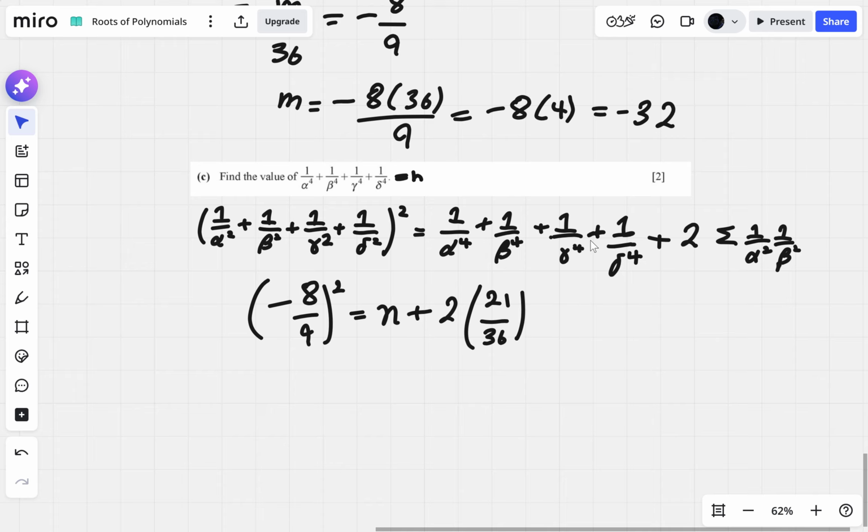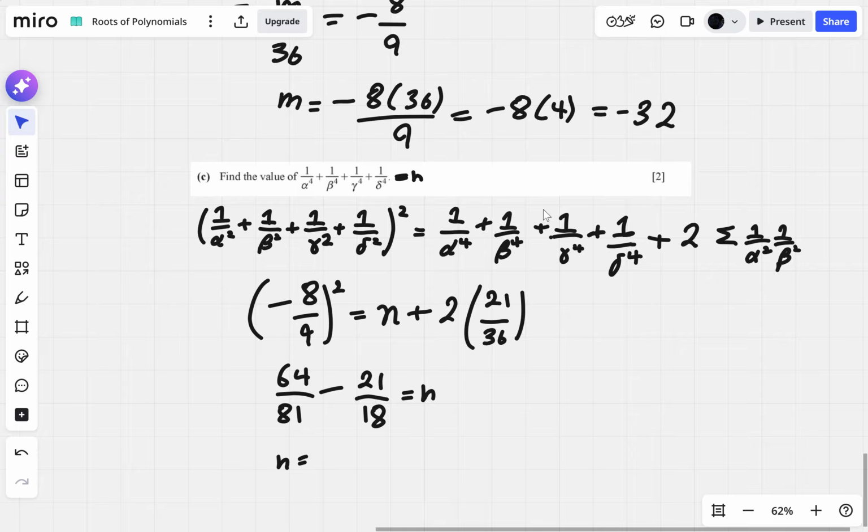And then we can just solve it quickly. This is going to be 64 over 81, then minus 21 over 18, equals n. Let me just calculate it and check.